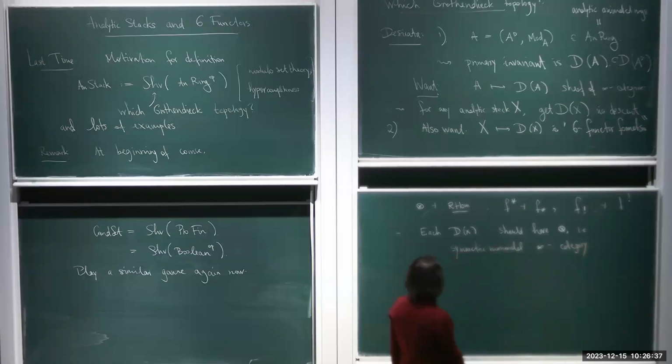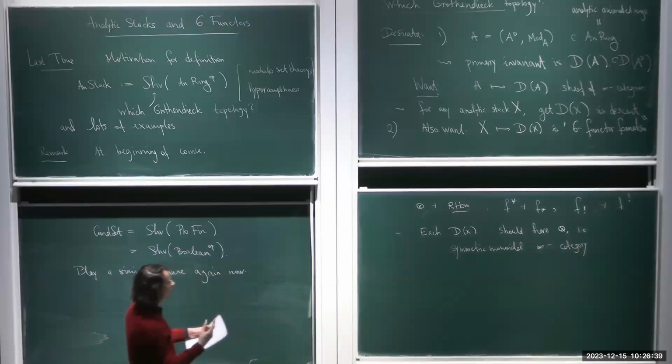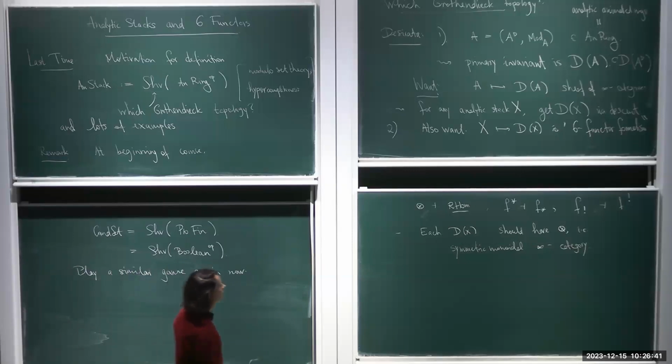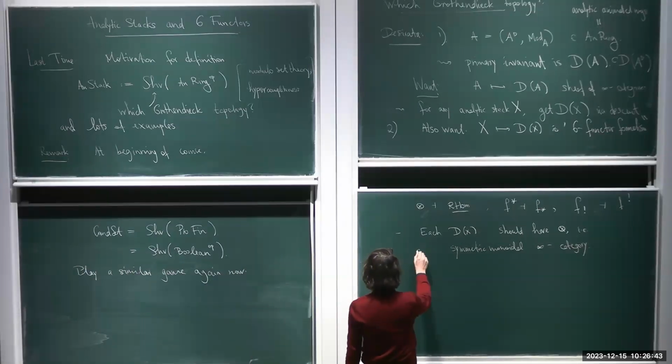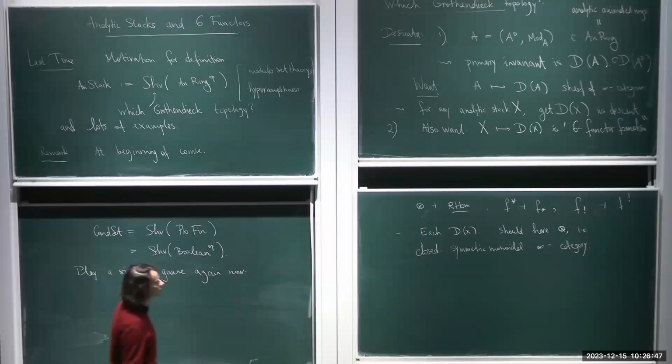And then whenever you have a tensor, you can ask for an internal Hom object, which has this usual adjunction to the tensor. And if such internal Homs exist, it's called a closed symmetric monoidal structure.